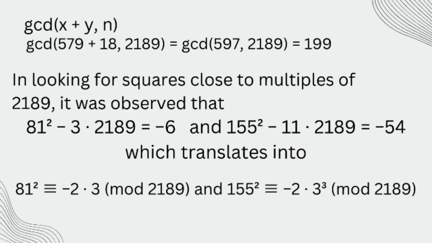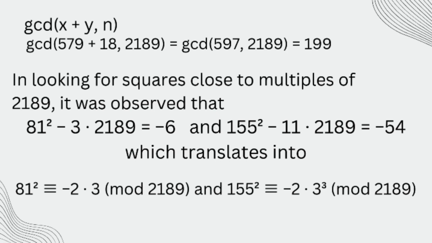So siguro nagtataka kayo kung paano tayo nag-arrive sa 579 whose square modulo 2,189 also turns out to be a perfect square. Kasi po, in looking for squares close to multiples of 2,189, it was observed that 81 squared minus 3 times 2,189 is equal to negative 6.